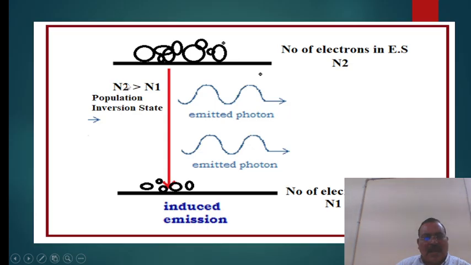So I am writing here N2 greater than N1. This is the situation when the number of atoms at the higher state becomes more than the number of atoms in the lower state. This particular state is known as the population inversion state. You have here N2 greater than N1.